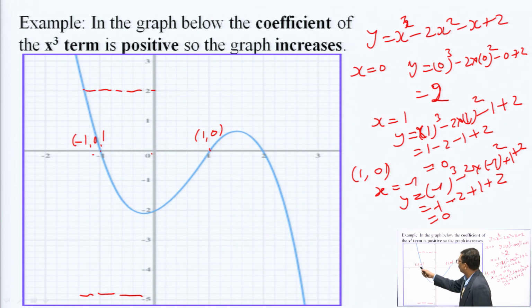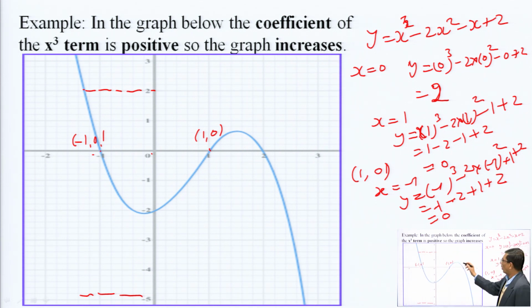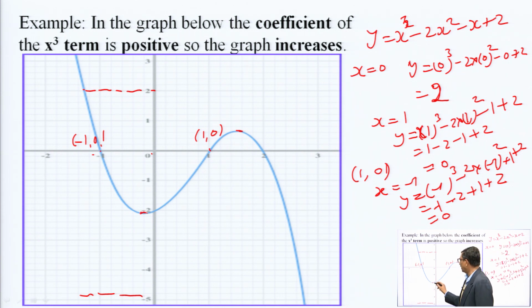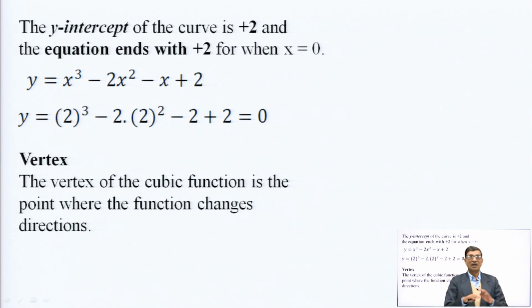Again, we find more than one value, we find the value for x equal to 2 and so on, and we plot the graph. At this point the curve changes the direction, and also at this point the curve changes the direction. The point where the curve changes its direction is called the vertex.